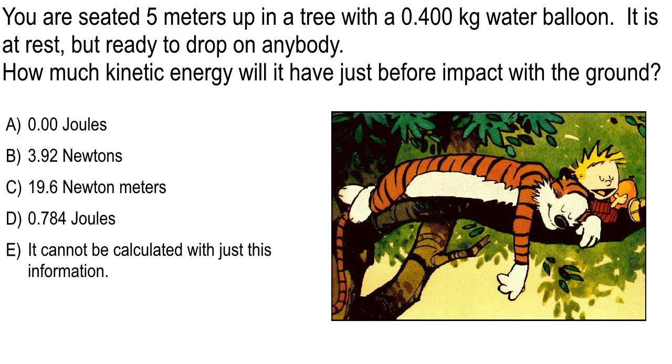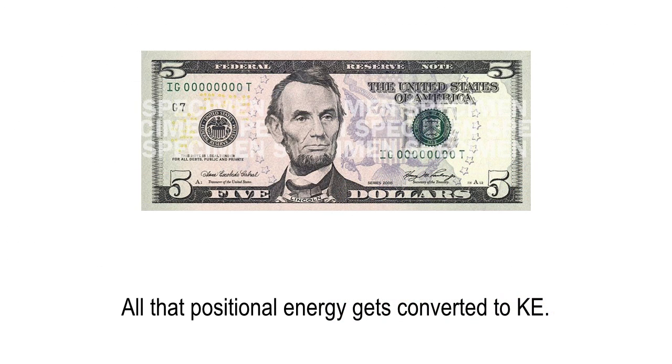You think? Now, let me introduce a concept here. Positional energy. We were talking about 2 positions and 1 change of position, delta Y. Actually 2. A positive delta Y on the way up and a negative delta Y on the way down.